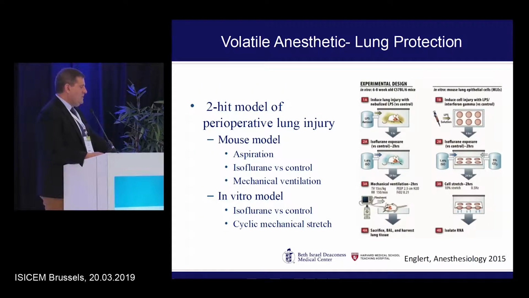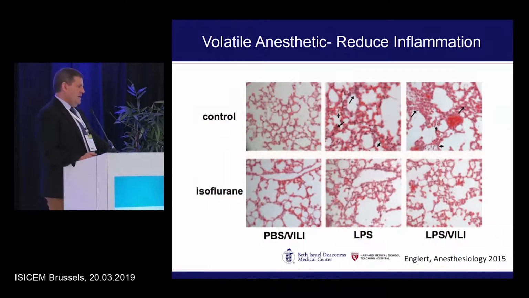This is an interesting study from several years ago, using a two-hit model of perioperative lung injury. So they induced aspiration and ventilator-induced lung injury, both in live rats and in cell models. They then looked at the histology of these animals.